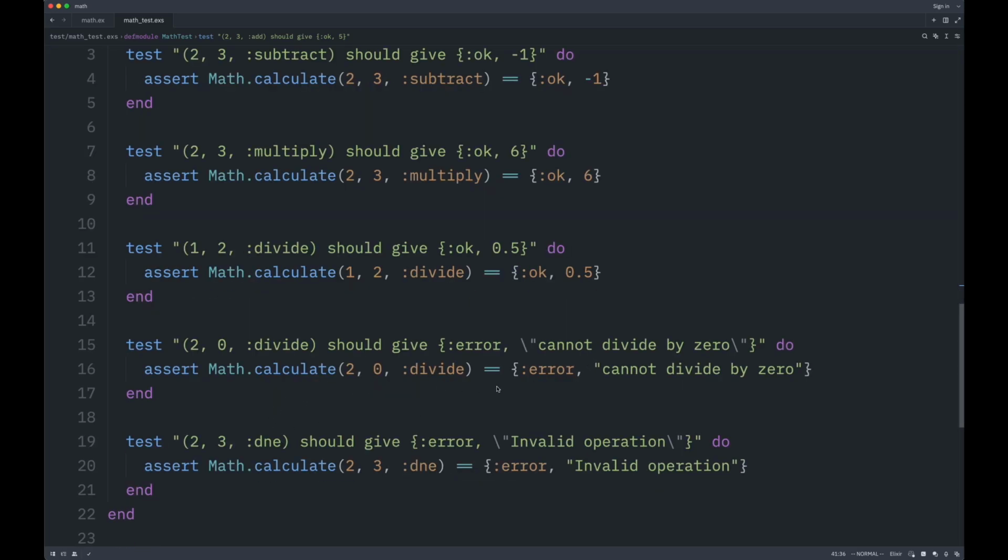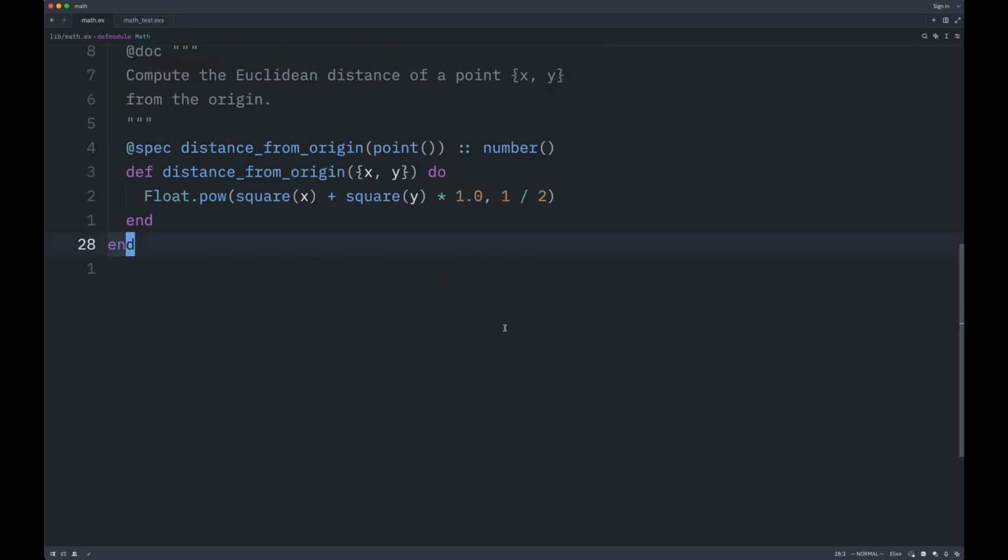And then finally, two error cases where in the first one, we are dividing by 0 and we produce the error message saying cannot divide by 0. And then for the second one, we are producing invalid operation. So all other cases that do not fit into the above, we are going to produce invalid operation. So let's see how we can design this function.